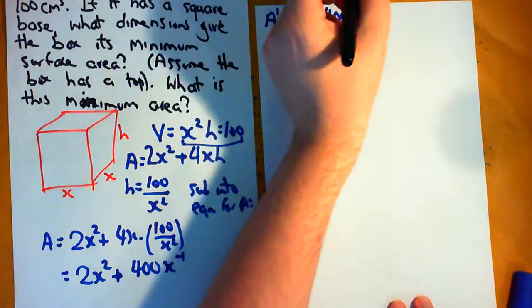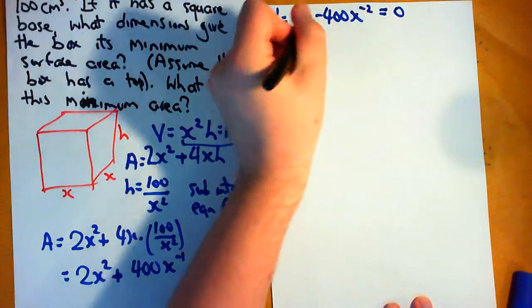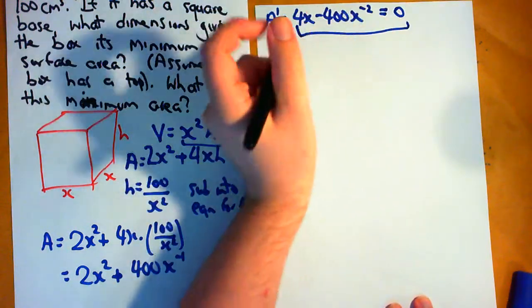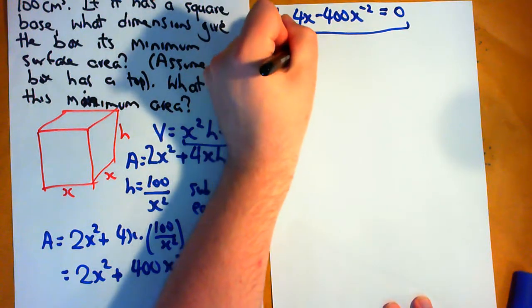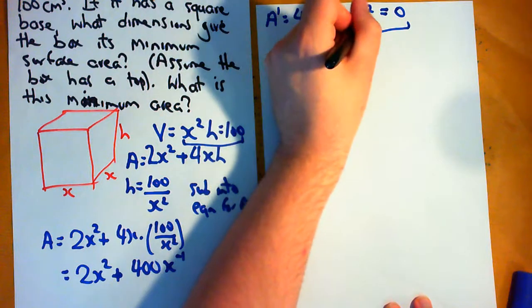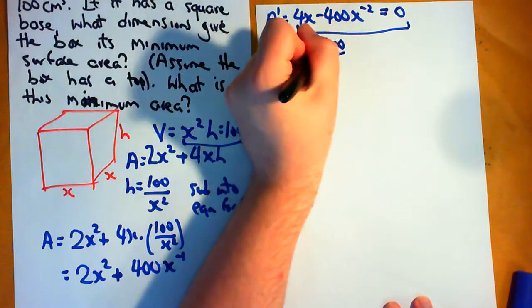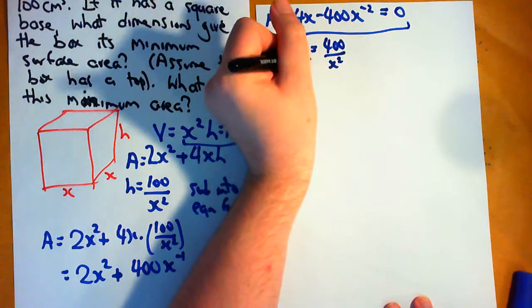And because we're trying to find the minimum, we've got the derivative. We need to set that equal to 0 and solve this resulting equation. So we've got 4x equals 400 x to the -2, which is the same thing as 400 over x squared.